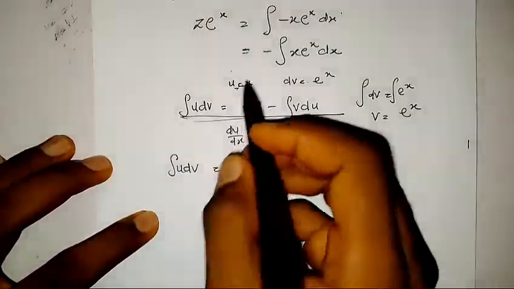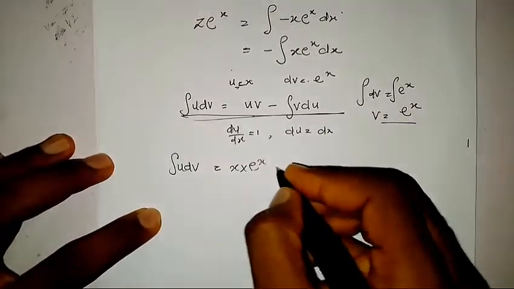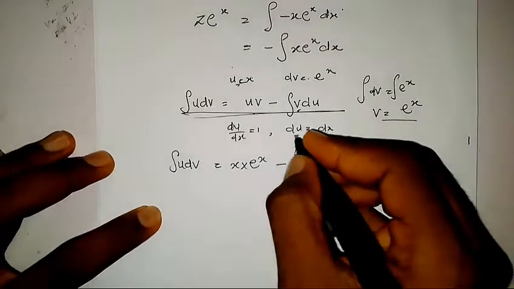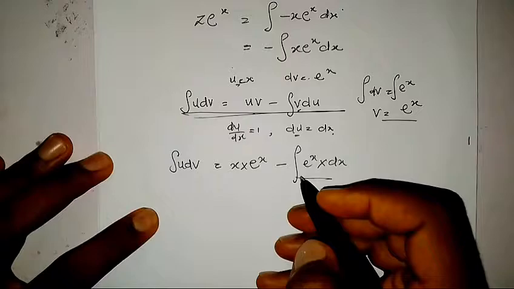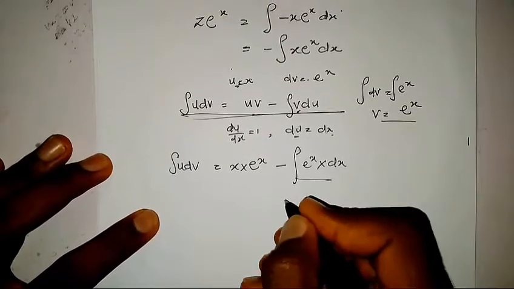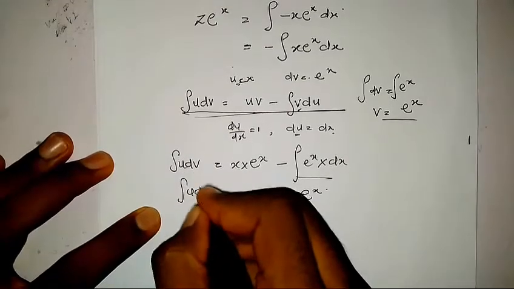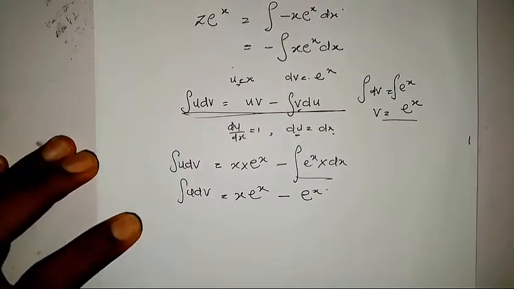My u is x, times my v, exponential x, minus the integral of my v, exponential x, times my du, which is dx. This is a simple integration: the integral of exponential x dx is exponential x. So the integral of u dv is equal to x exponential x minus exponential x.